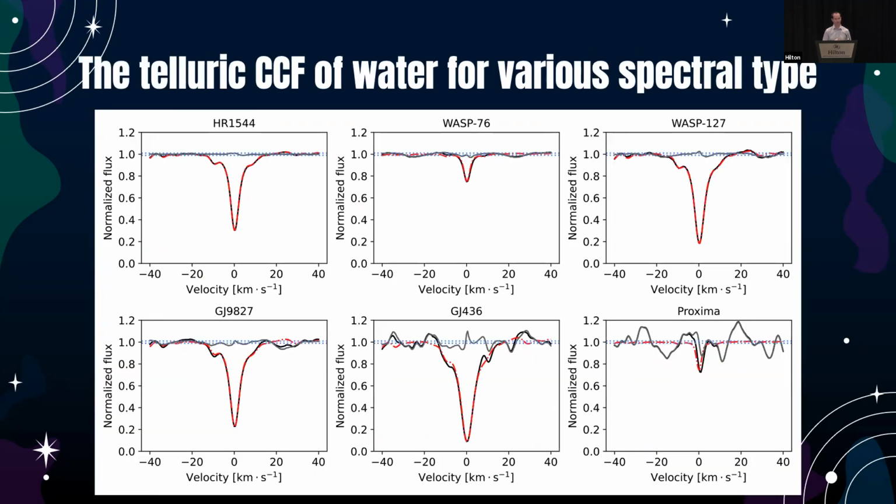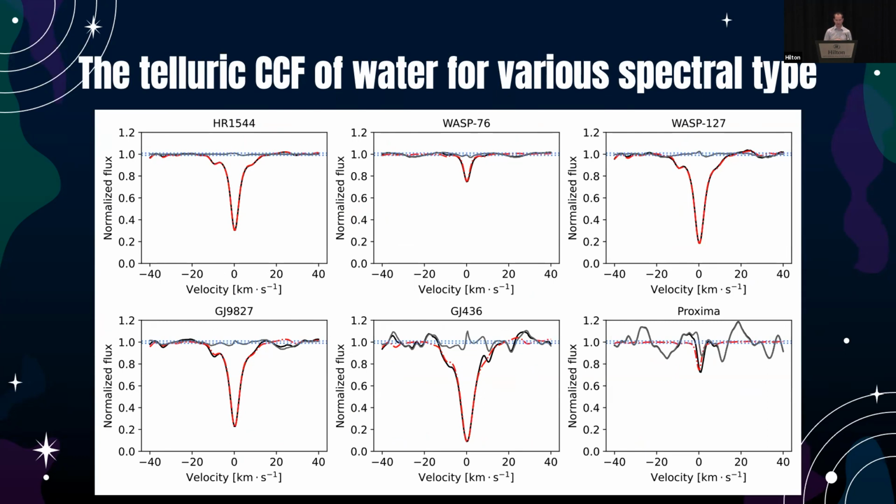And here is an example of this telluric CCF of water for different spectral types: A-type stars, F-type stars, G-type stars, K-type stars, M2 and M5. You see that every time the residuals are within the continuum or the pseudo-continuum of the telluric CCF, which means that we are reaching the photon noise level.